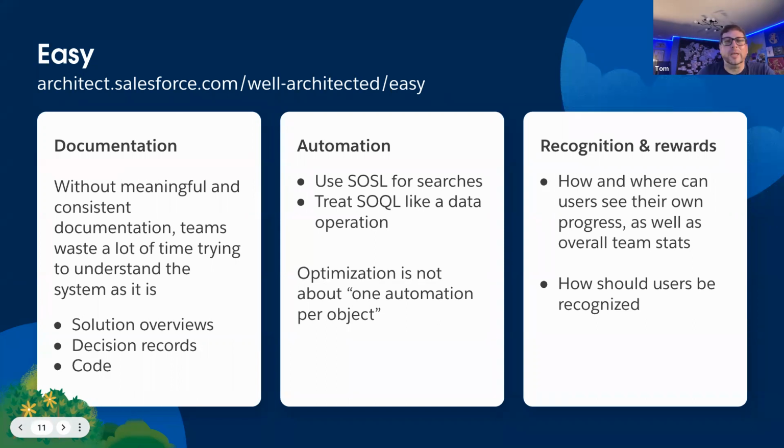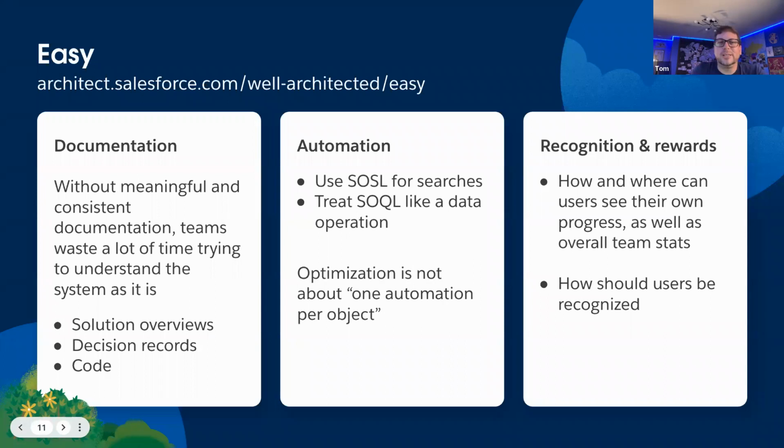But one automation per object is still in a lot of our text. It's not actually the best practice that it used to be a few years ago, and we purposely did not say that in Well-Architected. You should be thinking about multiple automations per object, and then it's on you to figure out how to orchestrate all those automations the right way.